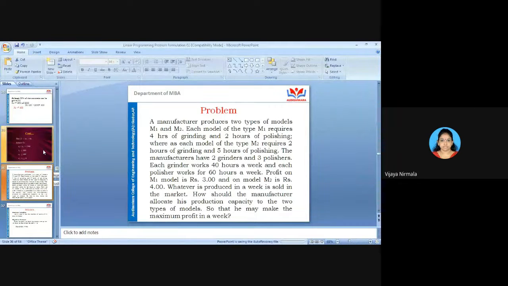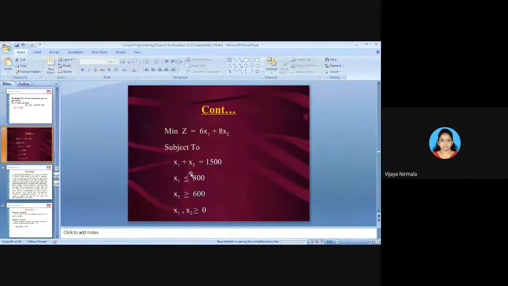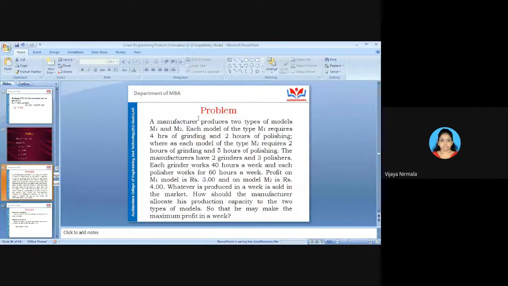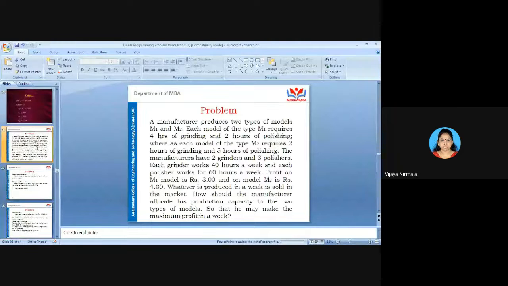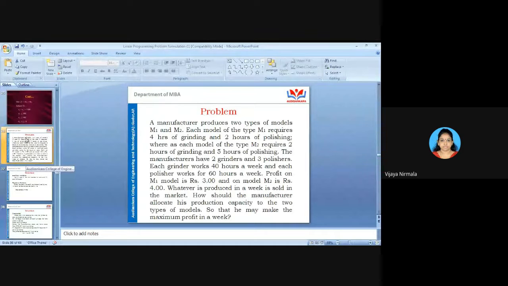If you get such problems in the question paper, it will be very difficult for you. In some question papers, you get a direct formulation, that is, they give it directly as a question and ask you to solve by using the graphical method or the simplex method. But if they give it in this way, it will be very difficult for you. So that's why I am taking more classes for your understanding.